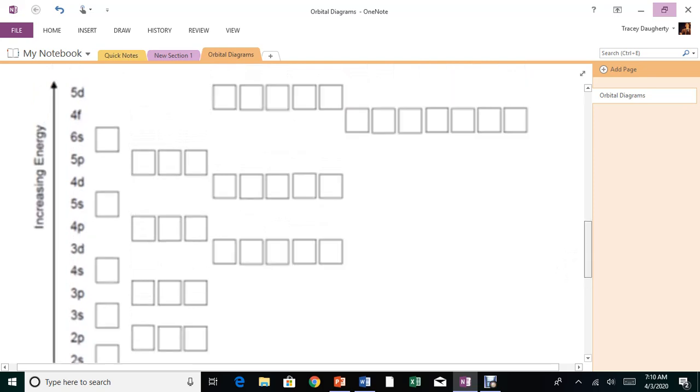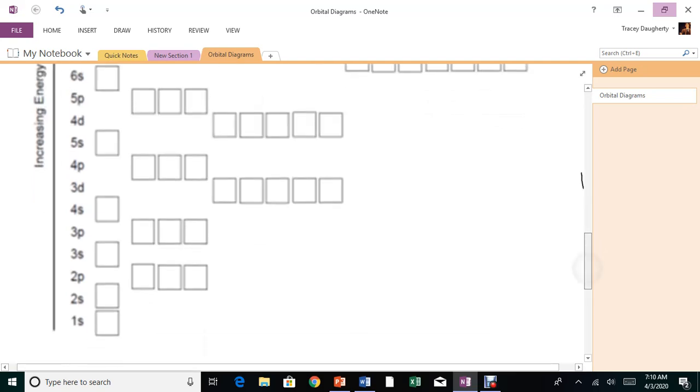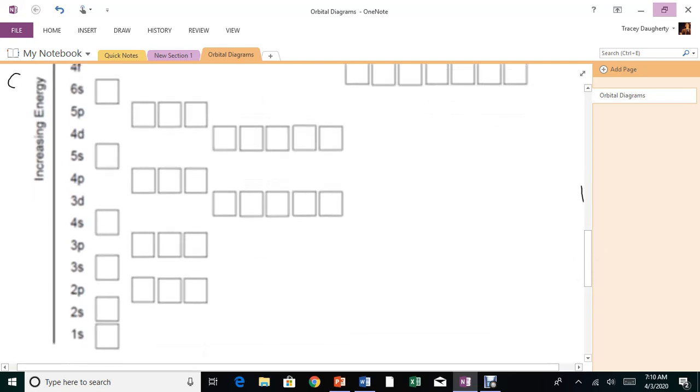Then I want to do silicon with 14 electrons. So the first 2 is an up arrow and a down arrow in the 1s, up and down in the 2s. The 2p, you have 1 up in each box because of Hund's rule, and then you pair.